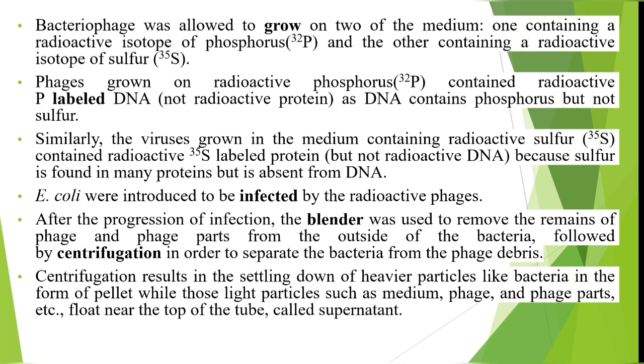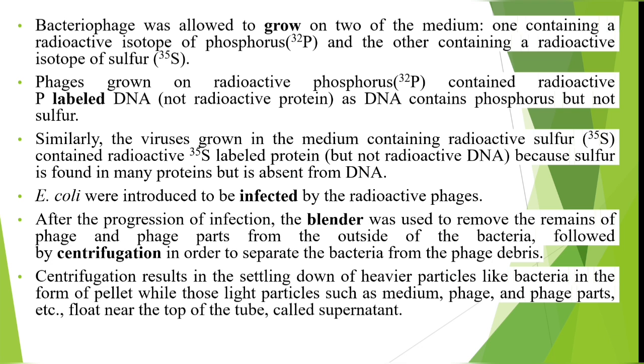Similarly, viruses grown in the medium containing radioactive sulfur contain radioactive S35-labeled protein, because sulfur is found in many proteins but absent in DNA. Phosphate is part of DNA, but sulfur is not part of DNA, it is part of protein.